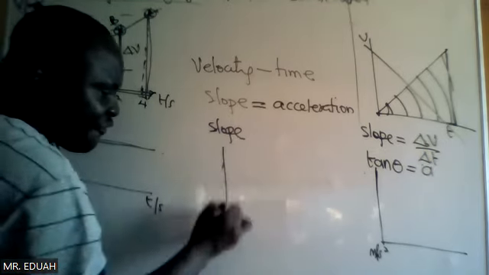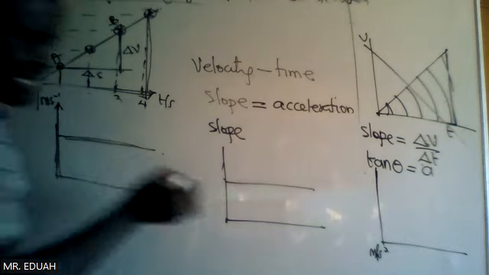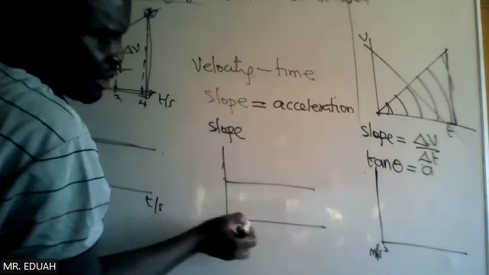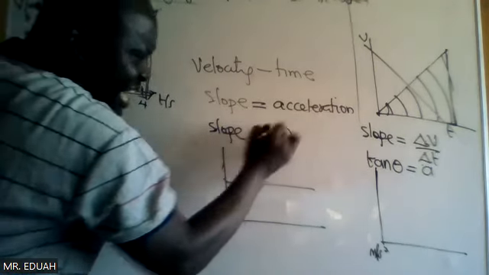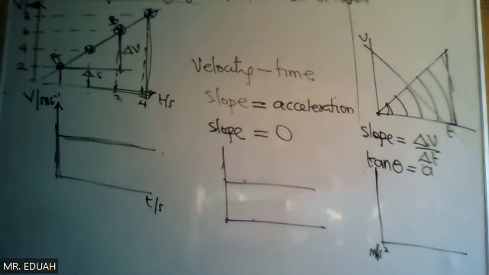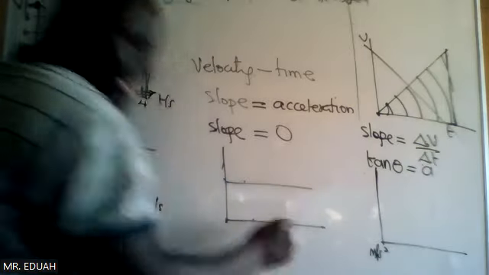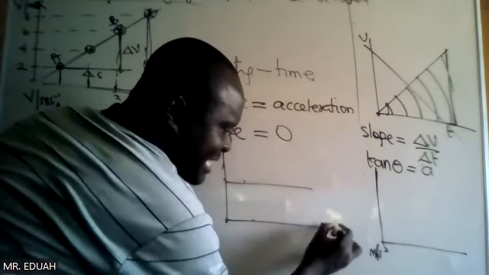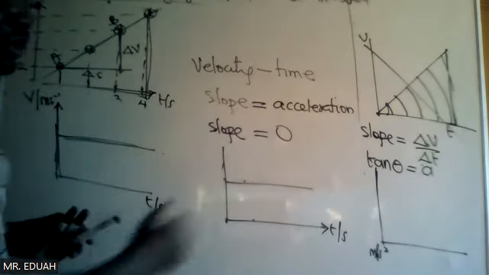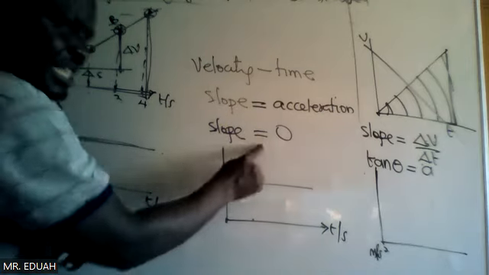If the graph, which is the motion, whether a straight line or curve, connects to the time axis in such a way that the angle between the time axis and the graph is zero, then it means the acceleration is zero.